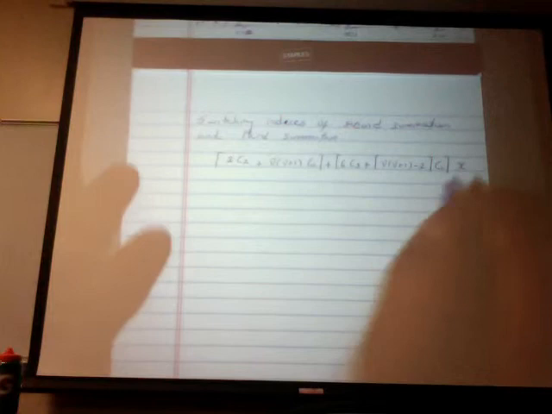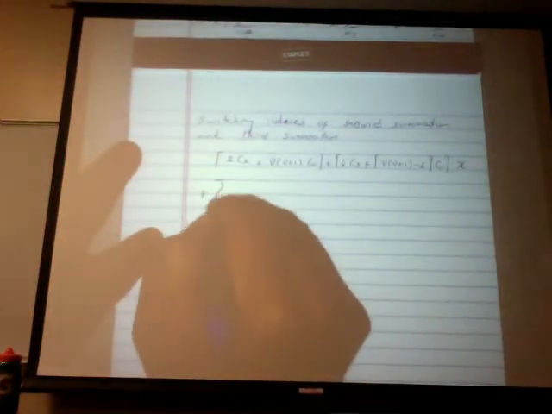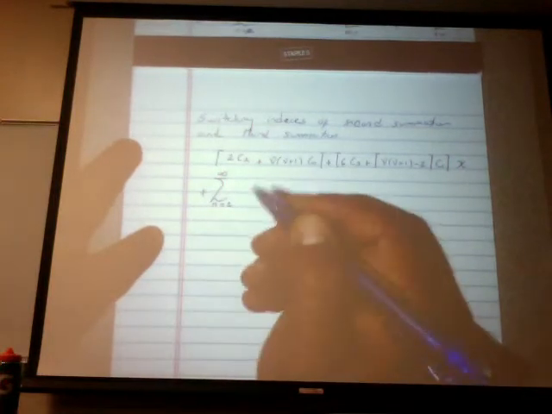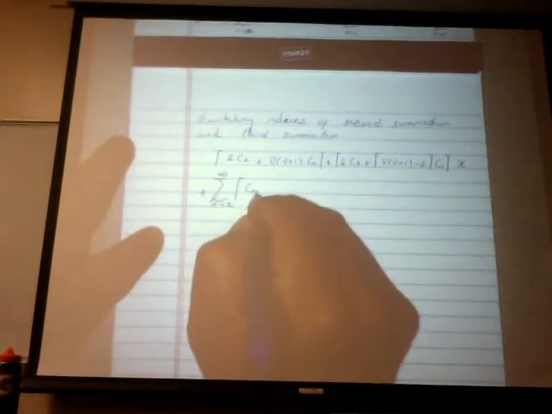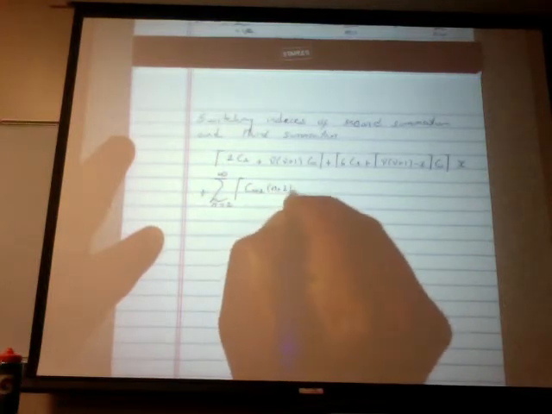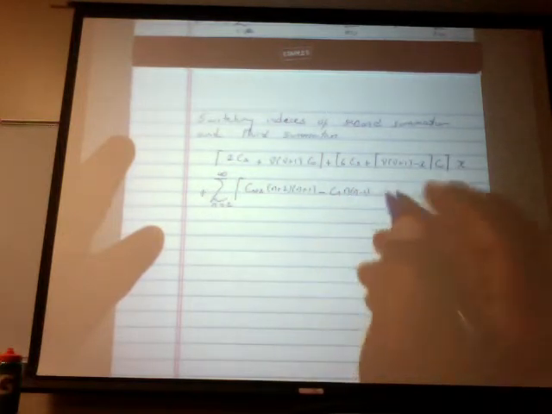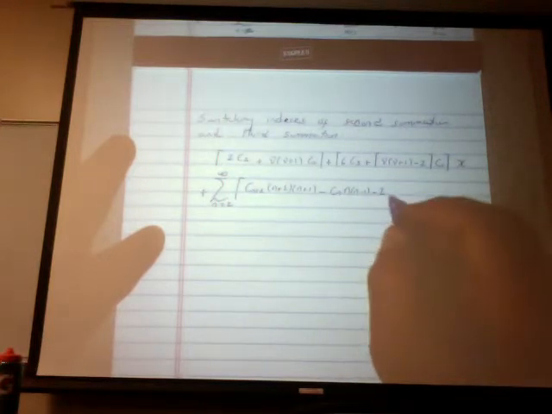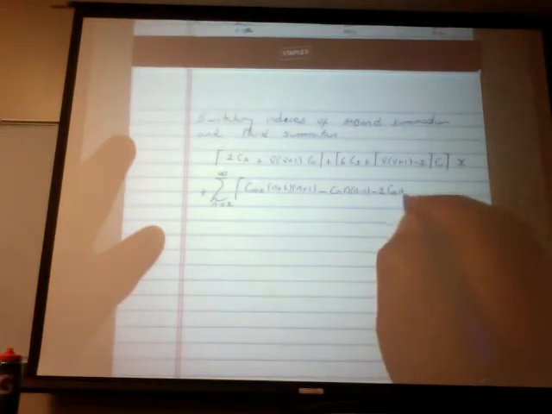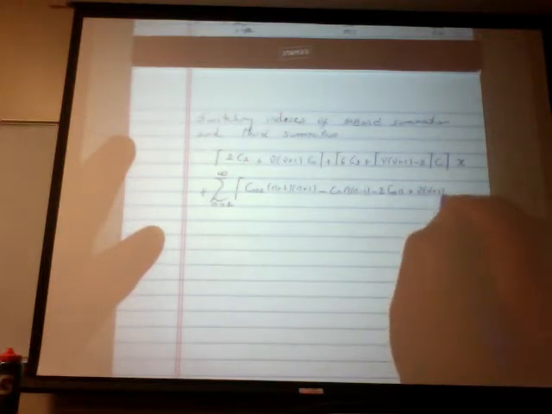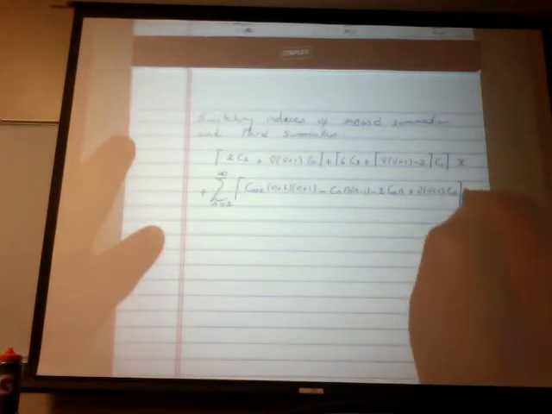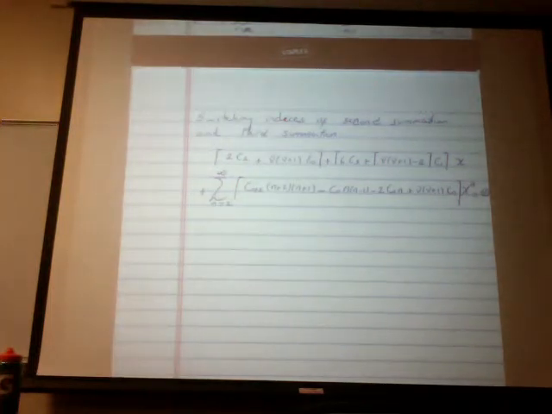That multiplies x plus the summation from n equal 2 to infinity of Cn plus 2 times n plus 2 n plus 1 minus Cn times n minus 1 minus 2 Cn times n plus nu plus 1 times Cn times x to the n is equal to 0. Okay?